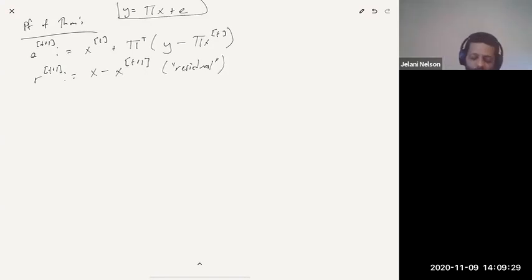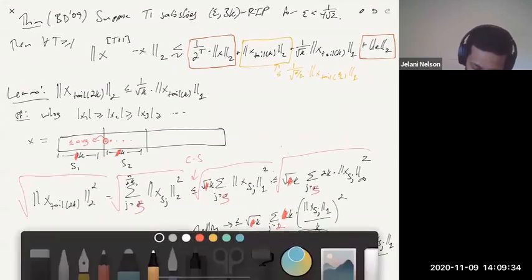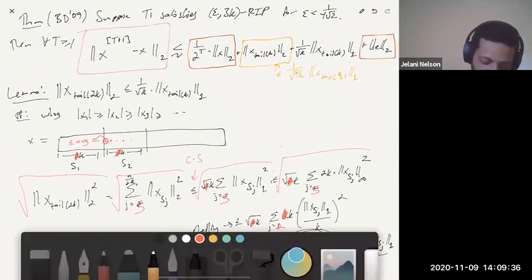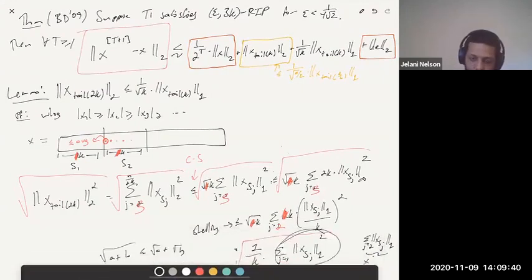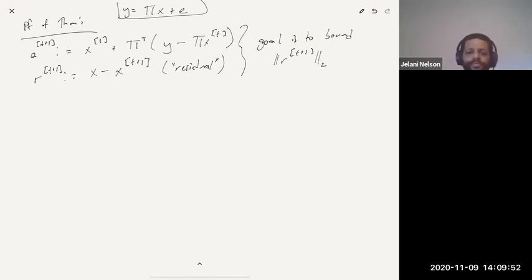So our goal is to bound, right? If you look at the theorem statement, our goal is to bound the norm of the residual. That's what's on the left-hand side there. Okay, so let me make some notation.